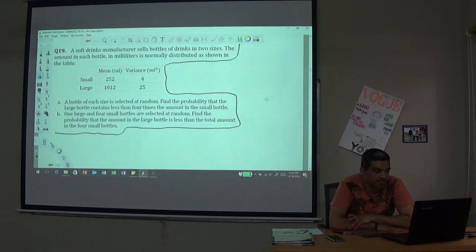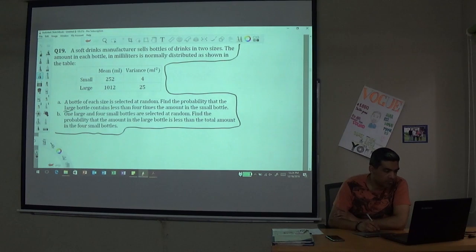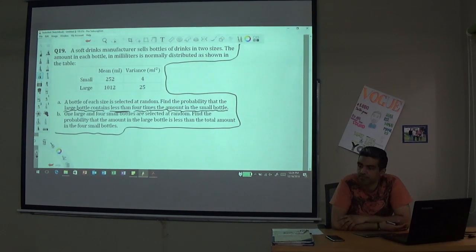In the first part, they're saying a bottle of each size is 70 grams. That means one bottle of small and one bottle of large. Find the probability that the large bottle contains less than 4 times the amount in the small bottle. How do you write this down?